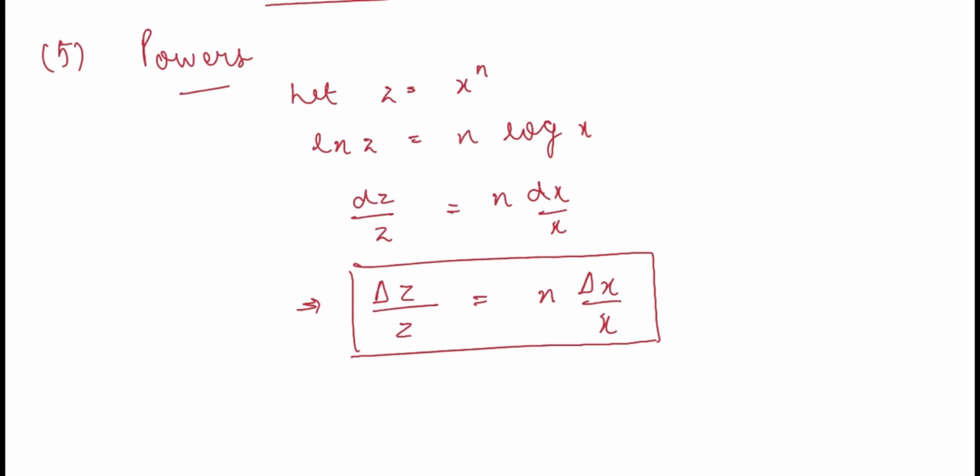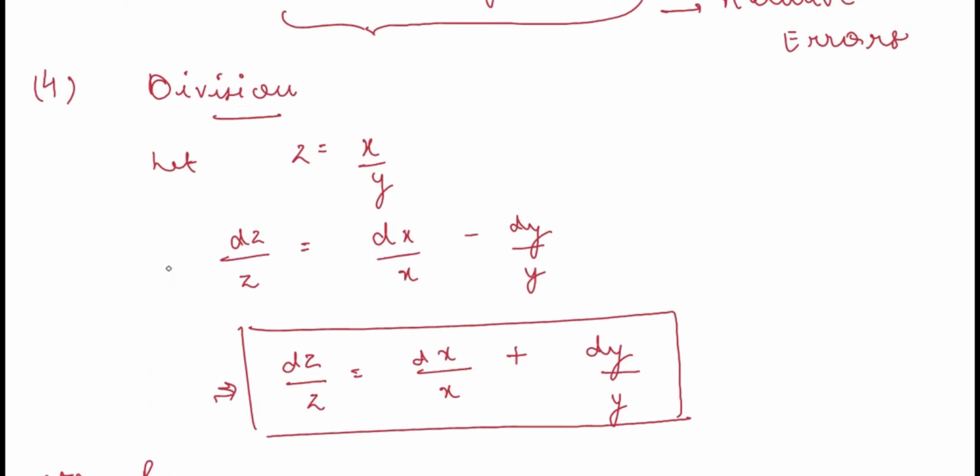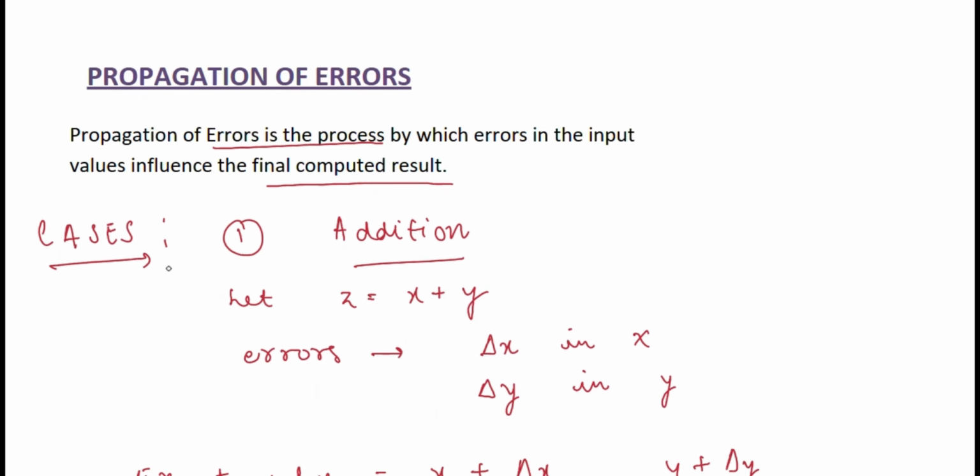Now the question here is why we need the propagation, and why is this propagation important actually? Let's imagine building a bridge. Every measurement contains a tiny error, and when thousands of calculations are performed, those tiny errors accumulate. And if engineers ignore the propagation of errors, the final design may become unsafe.